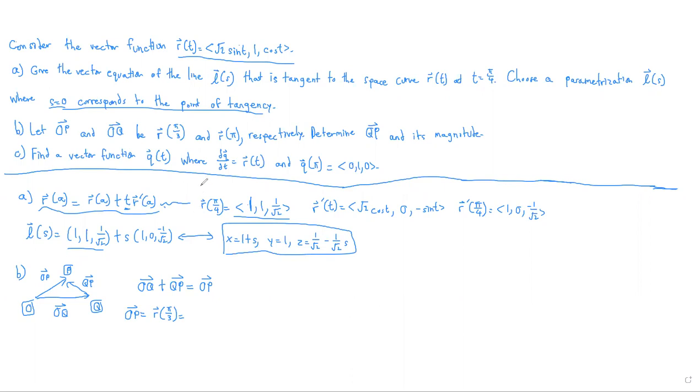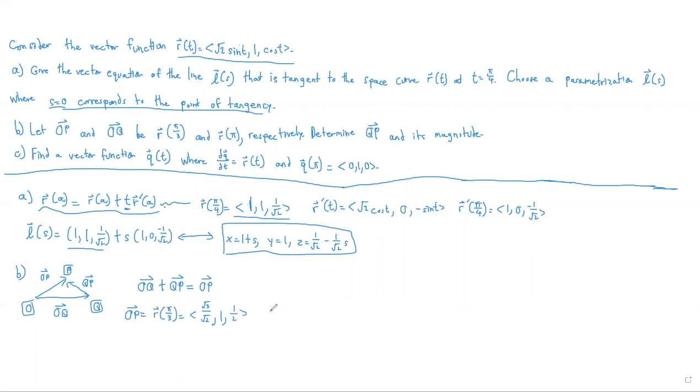So OP is equal to r of pi over 3, and that is equal to root 2 times root 3 over root 2, which is root 3 over root 2, and 1. And cos of pi over 3 is 1 over 2.